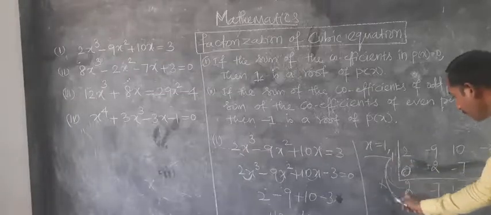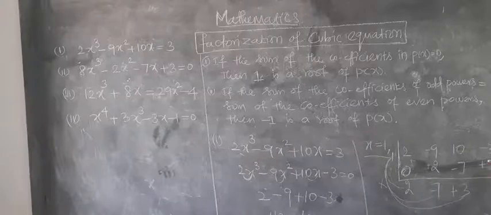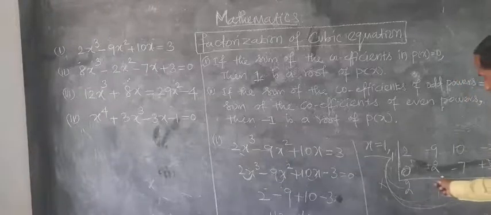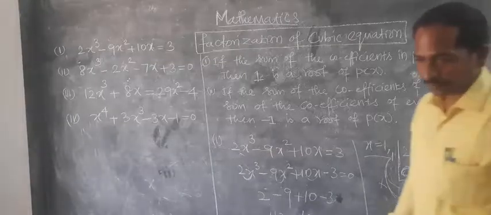One more time, multiply 1 into positive 3, positive 3. Here, if the sign is different but the number is the same, you get 0. So this is the synthetic division. Now just write it in quadratic form, the quadratic equation. How do you write it?